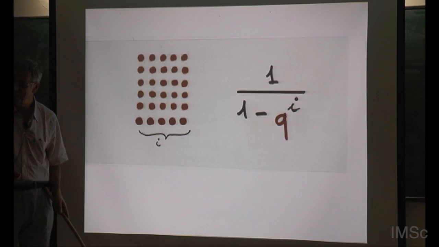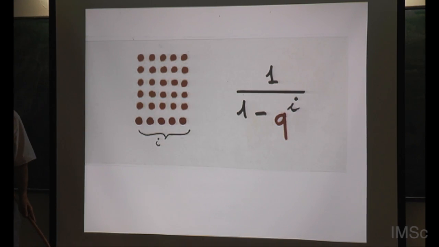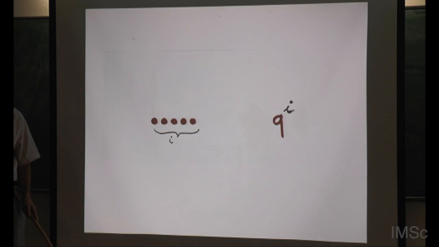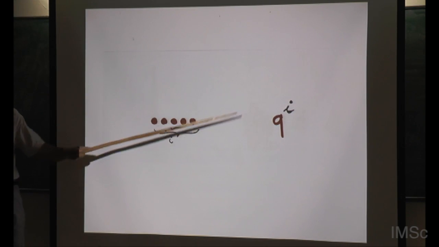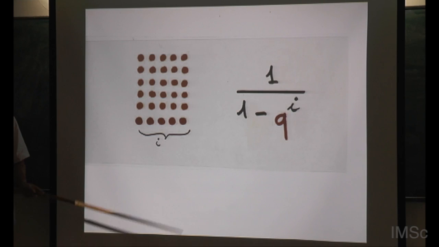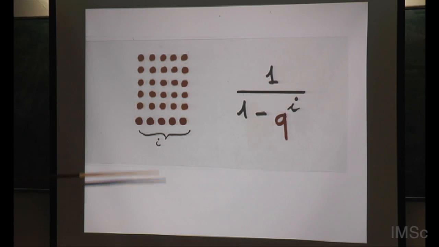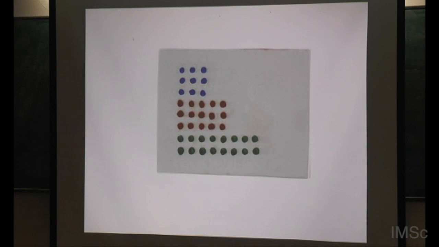So just apply the lemma on sequence of objects. I have one object, this. The sequence of this is 1 over 1 minus q^i, and the sequence of this is exactly a rectangle with only i columns. The height of the rectangle can be anything. Now take a Ferrers diagram like this. A Ferrers diagram can be decomposed into rectangles.